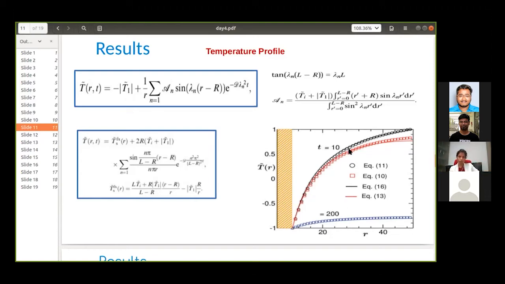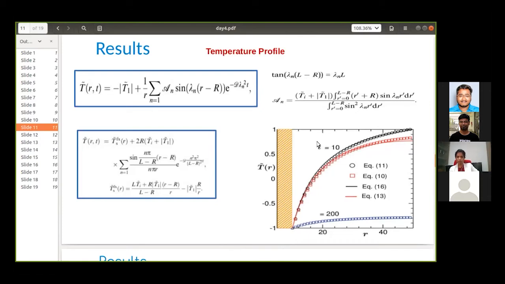And that's what you see here. So just focus on the black data and the blue data. The left-hand part here, this yellow marked region, corresponds to the cap part of the colloid. Initially, the cap part of the colloid has a temperature -1 and the fluid has a temperature +1. So you have a strong gradient in the fluid.